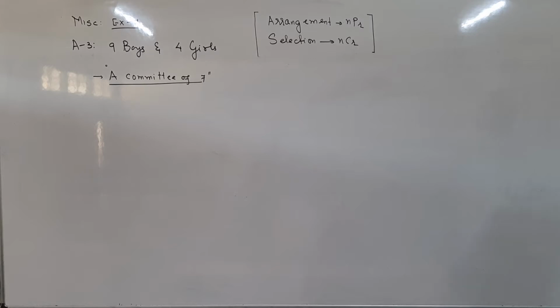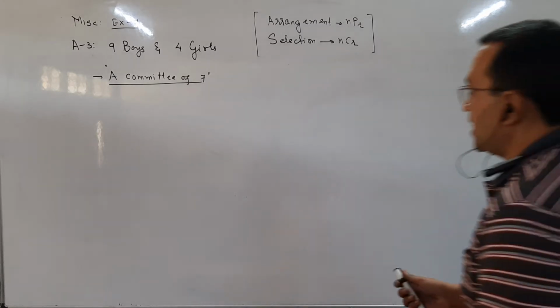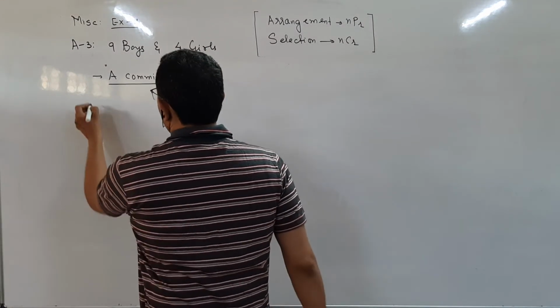Okay, a committee of 7 is to be formed. Okay, students. First condition, the committee has exactly 3 girls.